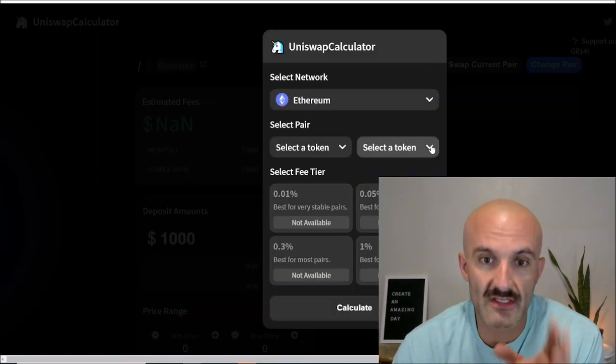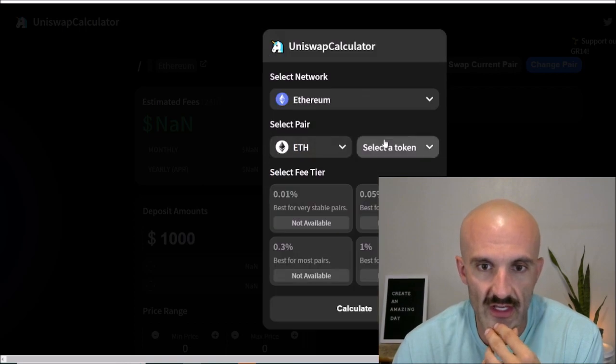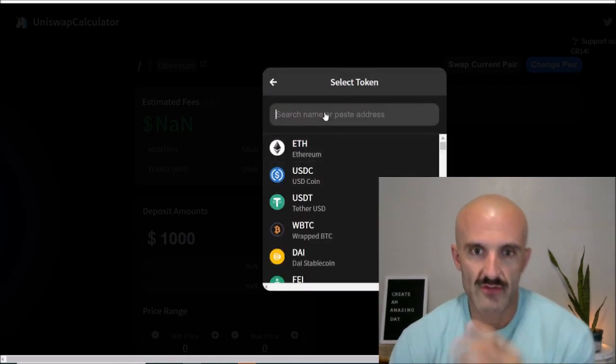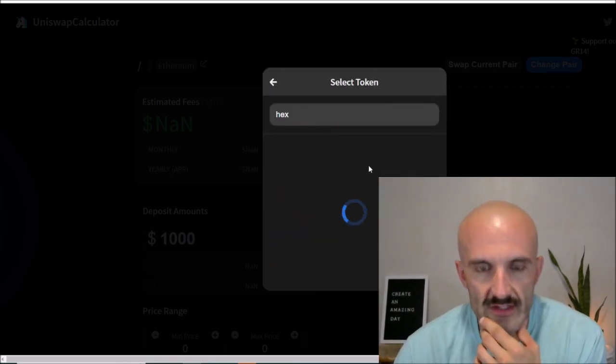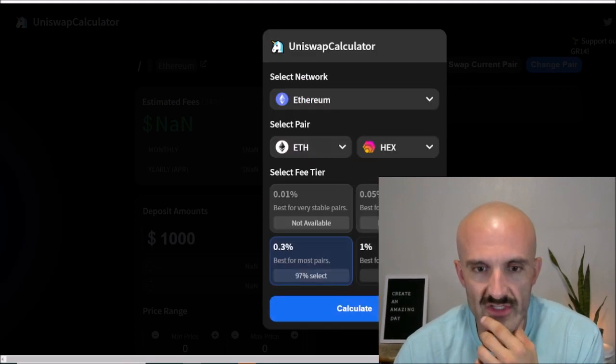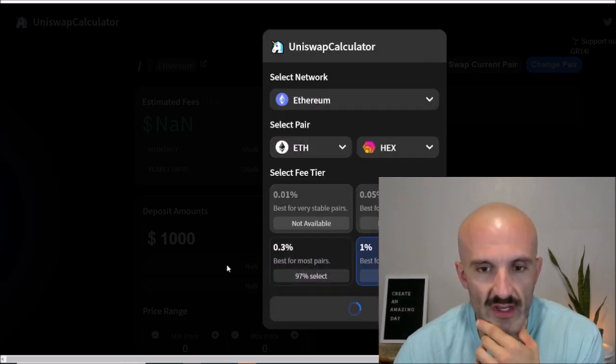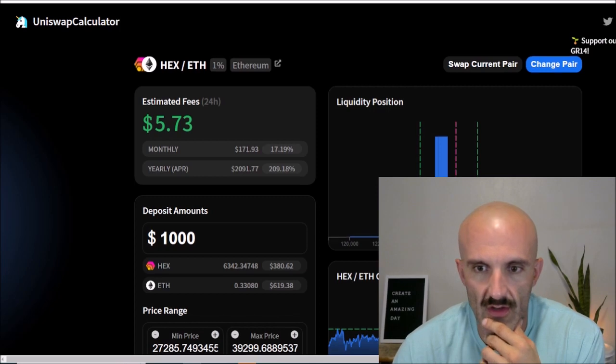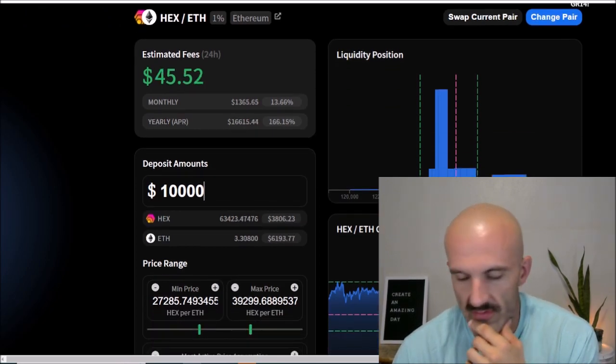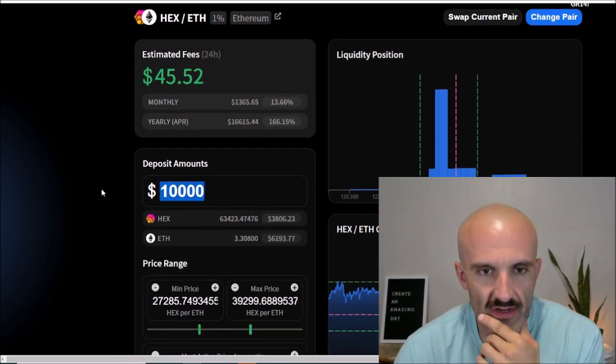This is info.uniswap.org. And finally, this is the fun part, right? This is the calculator. So let's pick this up here. Let's do Hex and see here what the calculator says in terms of fees we'll earn on this. Okay. Let's say $10,000 position, that's this right here.